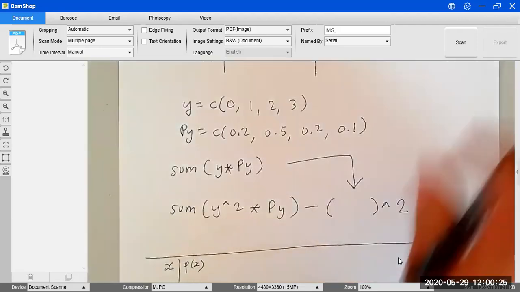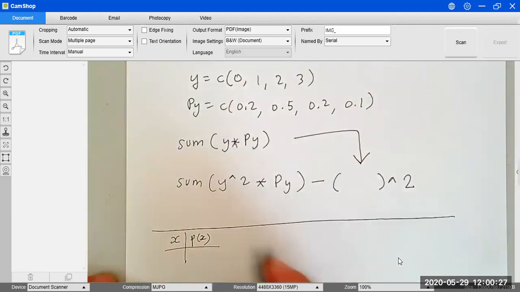Remember, these formulas can also be written when you have x and p of x. So I'm going to rewrite those formulas for you to have them.